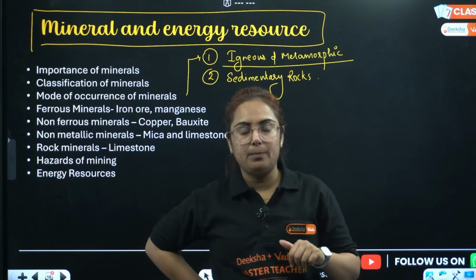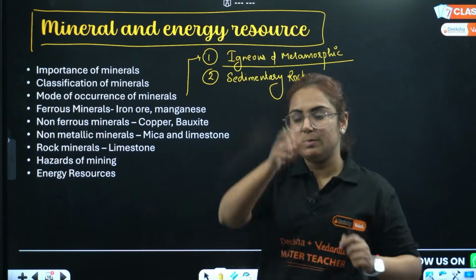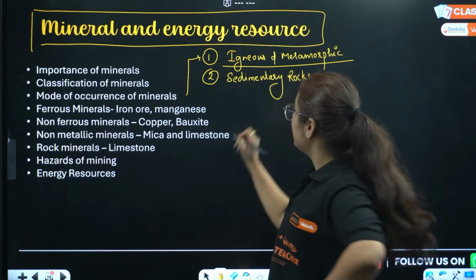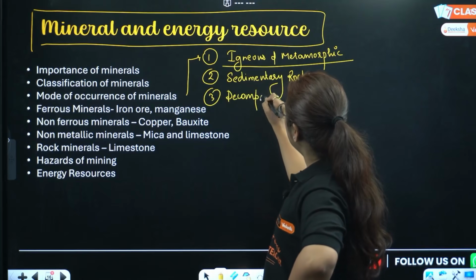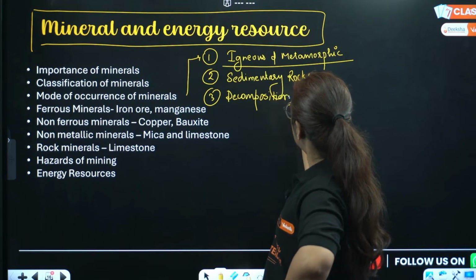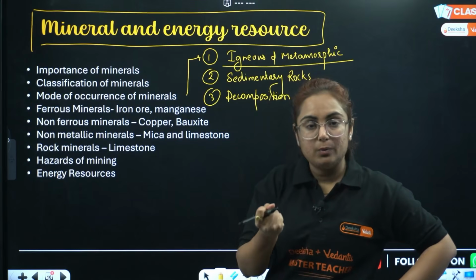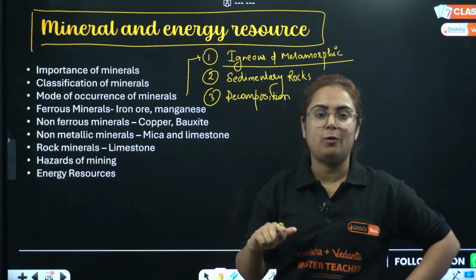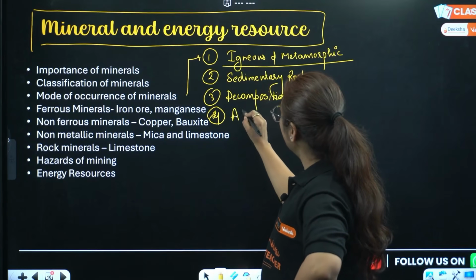Tin, lead, copper, right? Sedimentary rocks, where sediments are deposited. Then sedimentary rocks are found. Decomposition of rocks, the part of rock which got decomposed, like bauxite ore is formed out of it. Then one more thing, that is alluvial deposits.